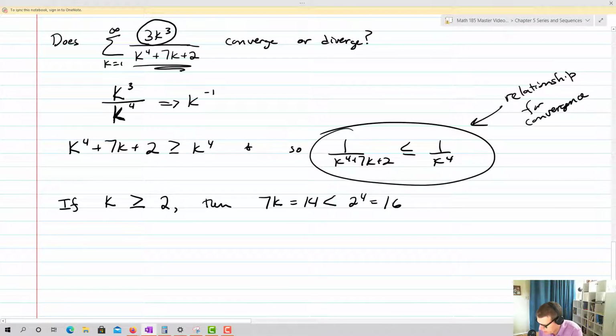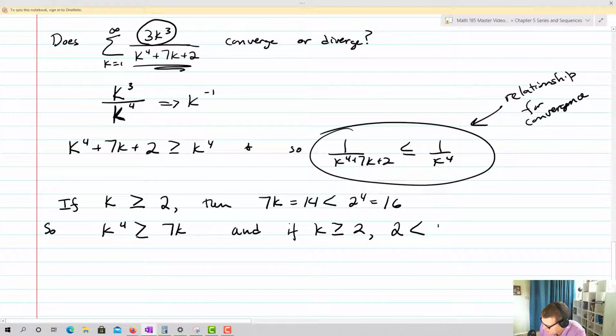So 16 is bigger than 14. And so what that's going to allow us to do is, k to the fourth is going to be greater than or equal to 7k. And so we'll do a substitution there. We're going to switch that out. And if k is greater than or equal to 2, then 2 is going to be less than k to the fourth as well.